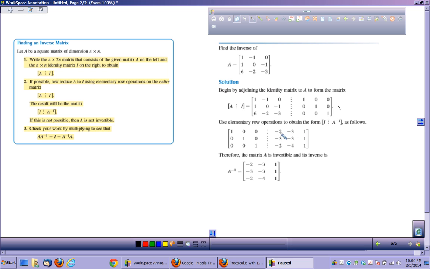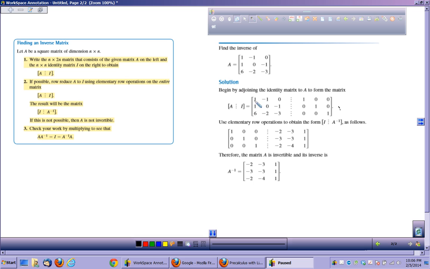And so this -2, if I multiply by -1, would become, this 1 up here, if I multiply by -1, would become -1 down here, and these would stay the same. So I end up changing this into zeros.